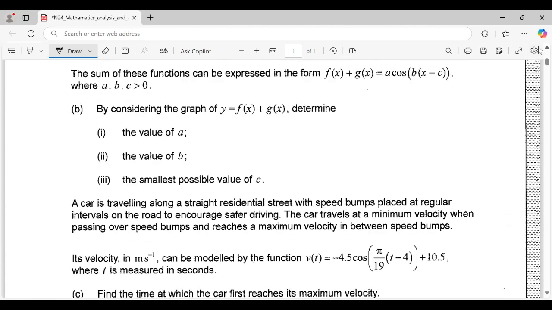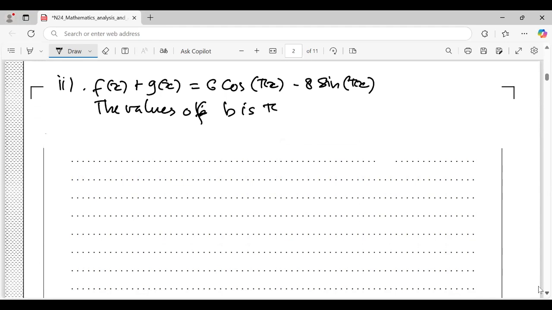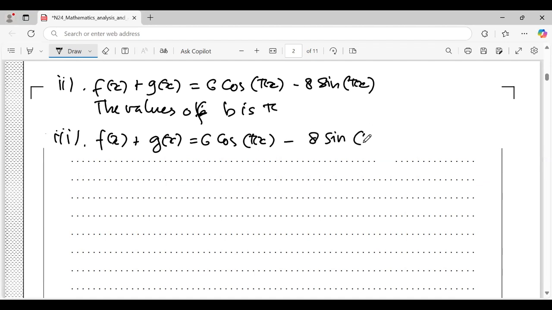The smallest possible value of c. f(x) plus g(x), this function: 6 cosine pi x is f(x), and this one is g(x). f(x) is cosine, while g(x) is sine.